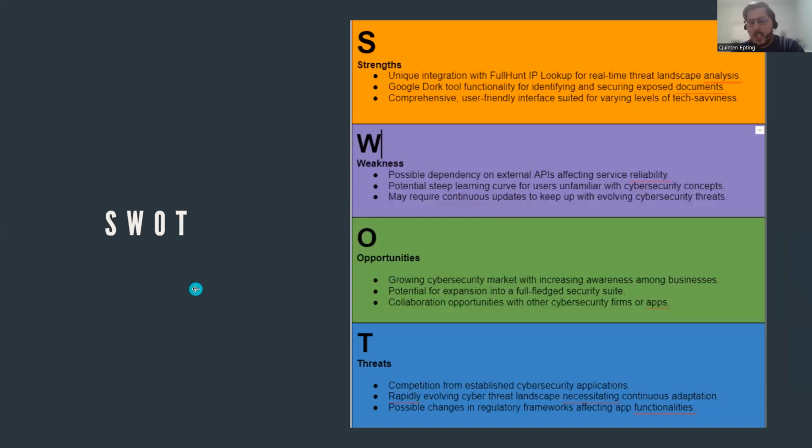SWOT analysis. The strength of my application is that it's a low barrier to entry. Any business can pick it up, search their domain, and get an idea of what they have exposed. On the flip side, because it has such a low barrier to entry, it also has a huge opportunity to grow.